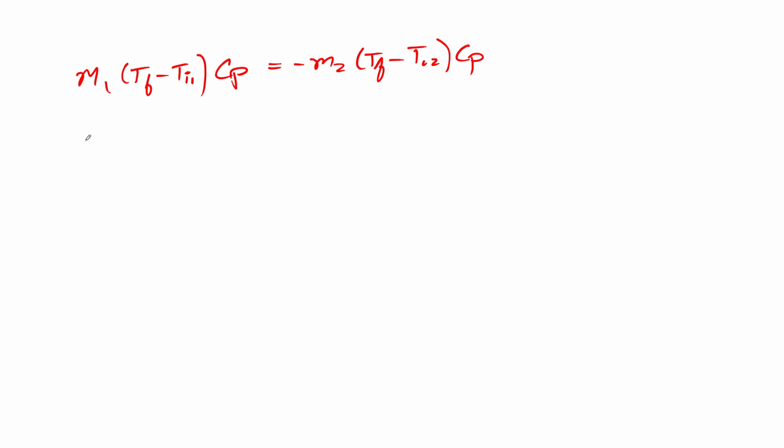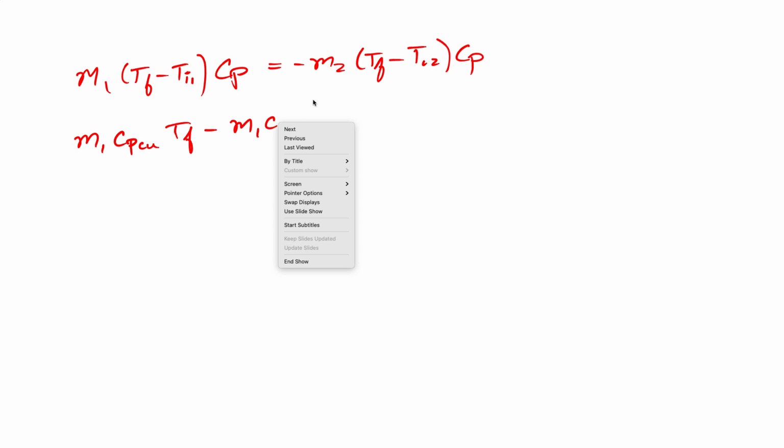So what we're going to end up doing is going mass of 1, Cp of 1 of our copper, times temperature final, minus mass of 1, heat capacity of copper, Cu, times initial temperature of copper.